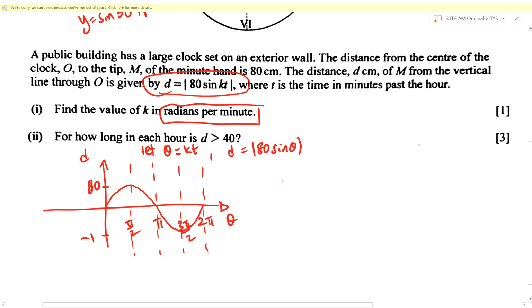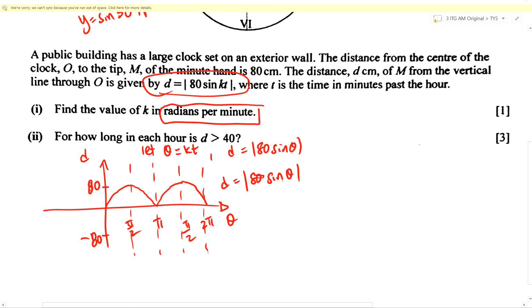My minimum is changed to negative 80. Because I want to modulus it, I'm going to remove whatever is at the bottom. I'm going to reflect it upwards. So going up, remove the bottom.